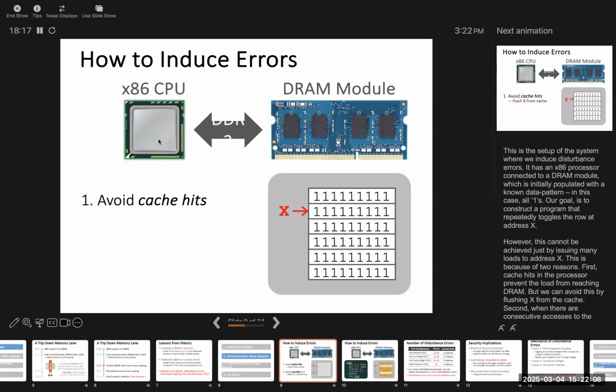But you need to avoid the cache hits. Why do you need to avoid the cache hits?